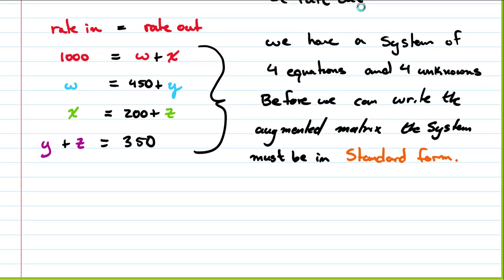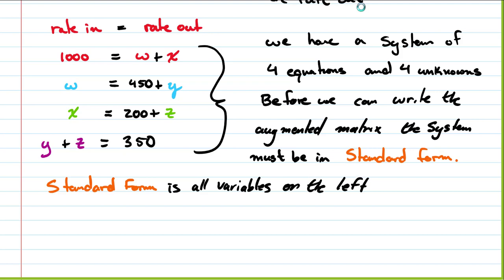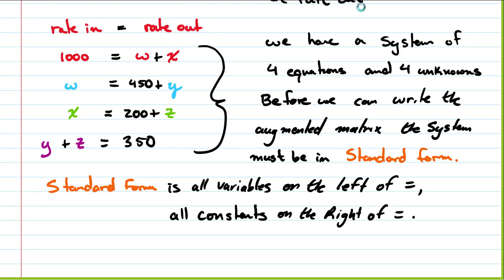So remember, standard form is all variables on the left of the equal sign, all constants on the right of the equal sign, right?